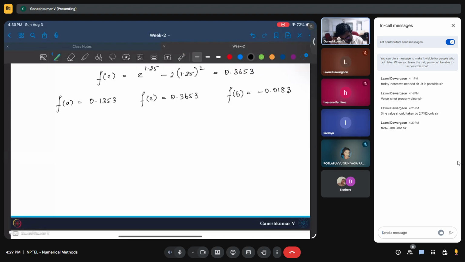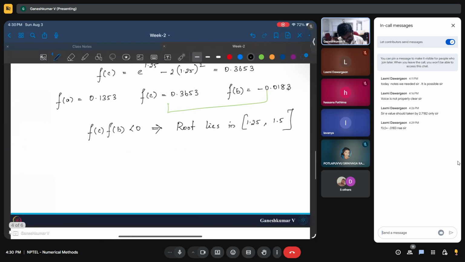So what this tells us is C is positive and B is negative, which means the root lies in between them. So f of C times f of B is less than 0, which means the root lies in C and B. C is 1.25 and this is 1.5. Correct? Yeah.